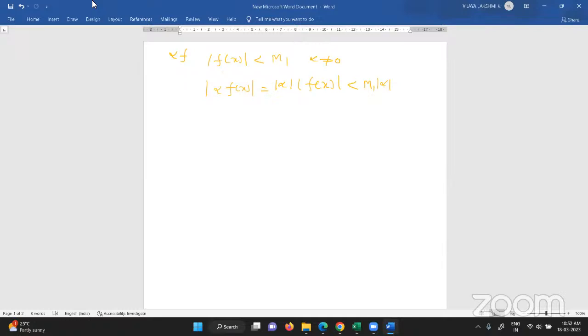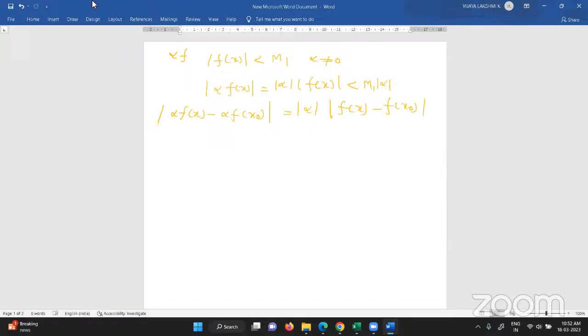So now we prove that whenever f is continuous, alpha f is also continuous. For this, consider alpha f at x minus alpha f at x naught. This is mod alpha into mod f of x minus f of x naught.